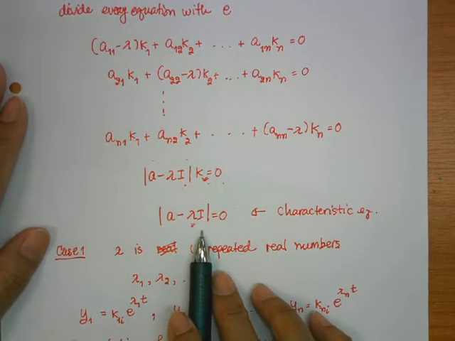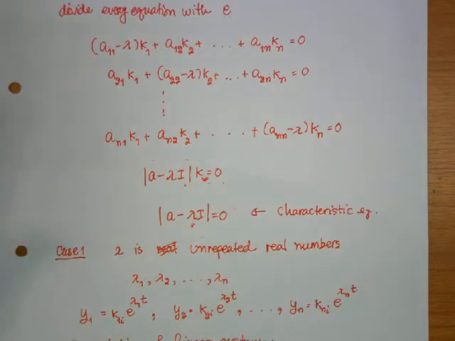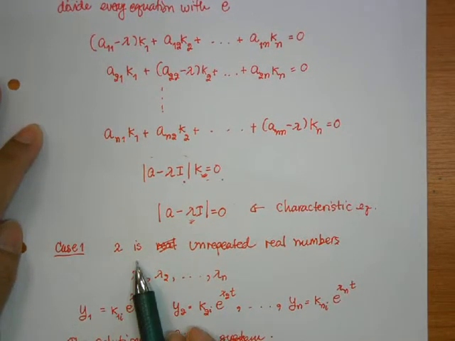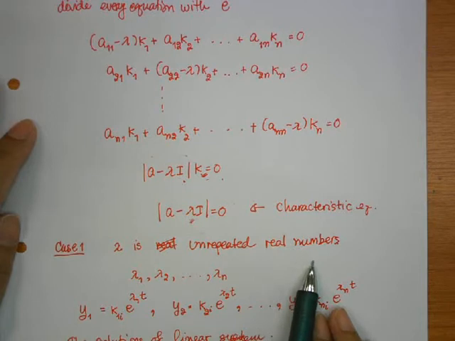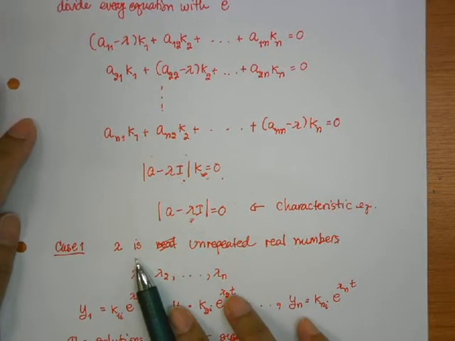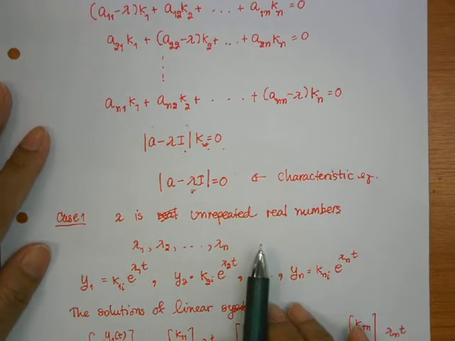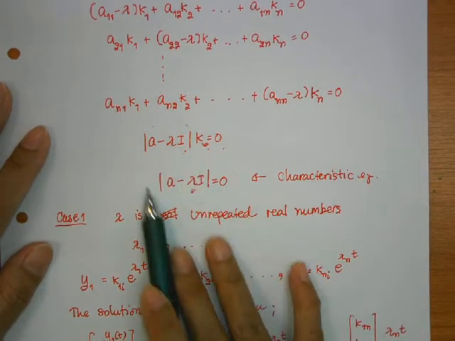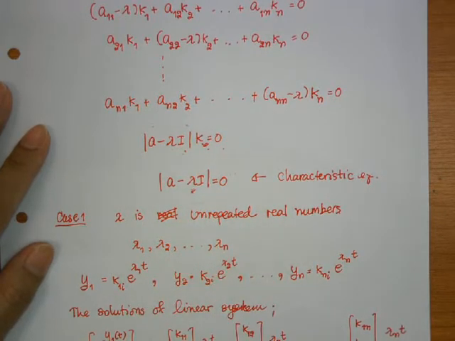So in this case, we are going to divide into 3 different cases. The first case is if lambda is unrepeated real numbers. If your lambda is unrepeated real numbers, you would find lambda from this equation as lambda 1, lambda 2, to lambda n. You would get n lambdas, because now you have n terms of y.